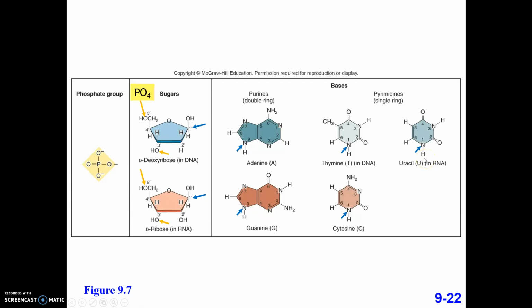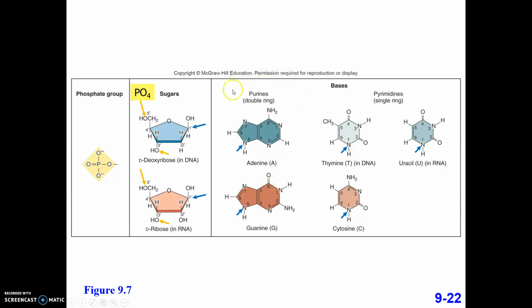Now, I would like you to be able to recognize these different bases. Okay? You don't have to be able to draw them from scratch, simply be able to recognize them. And so what I'm going to do is walk you through how to tell the difference.